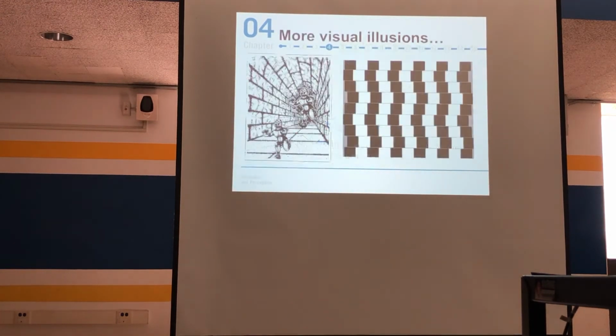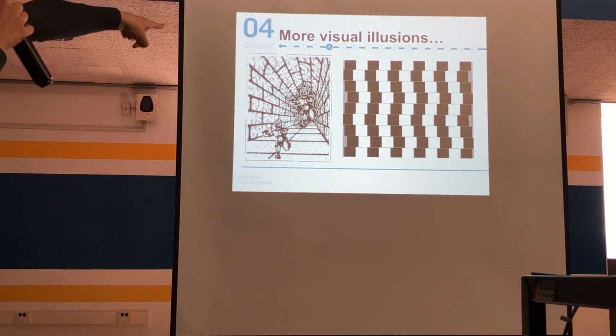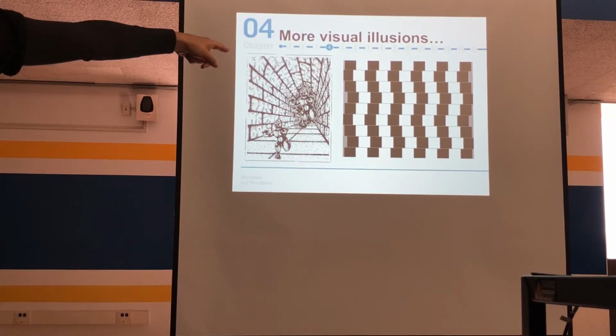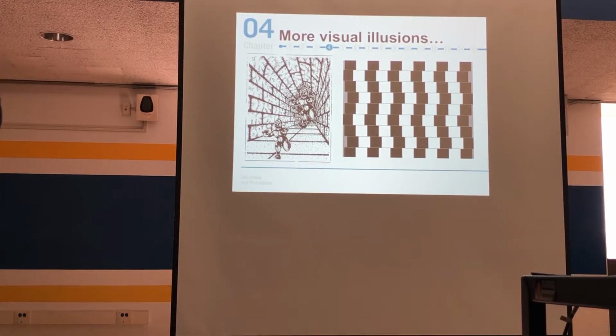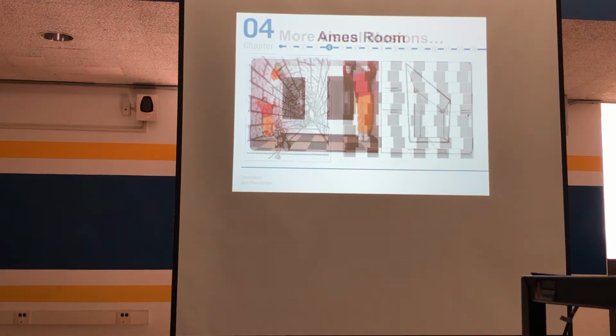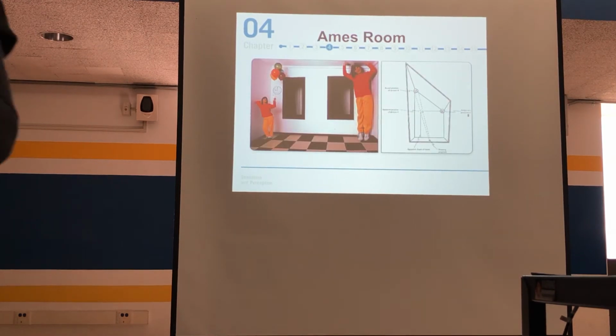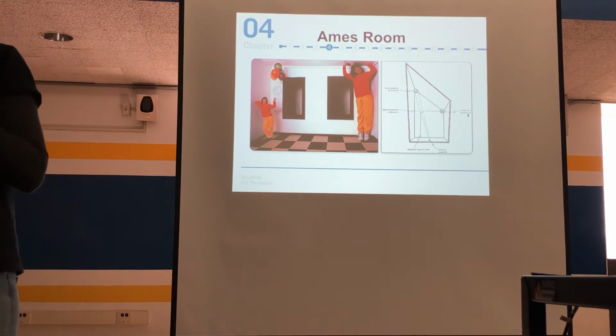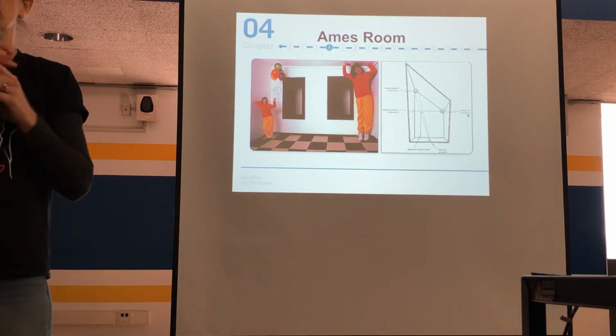Good. Visual illusions. What we see is different from what's actually there, right? Like we see them as crooked lines, but actually they're not. Understand? Okay. And I proved it to you, remember? The Ames room. So why do we fall for the Ames room? Why does it look like she's big?